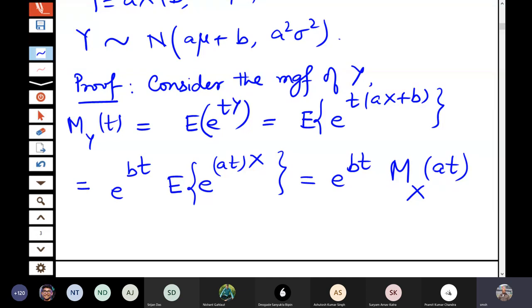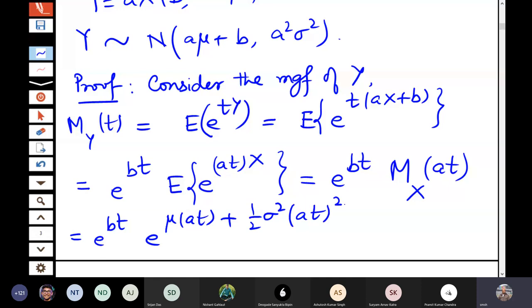There you replace t by at. So this will give you e to the power bt, e to the power mu t, that is mu into at, plus half sigma square t square, that is at whole square. So you write down these terms.